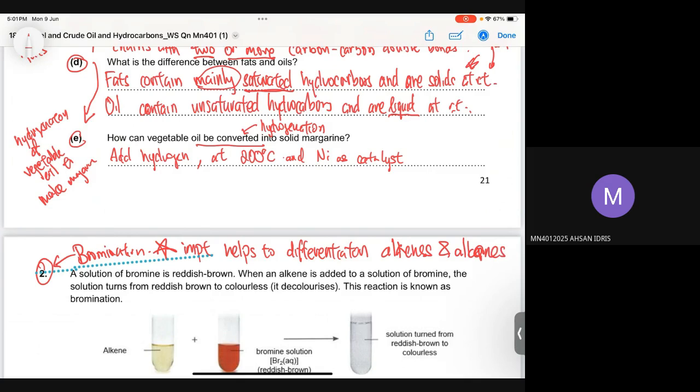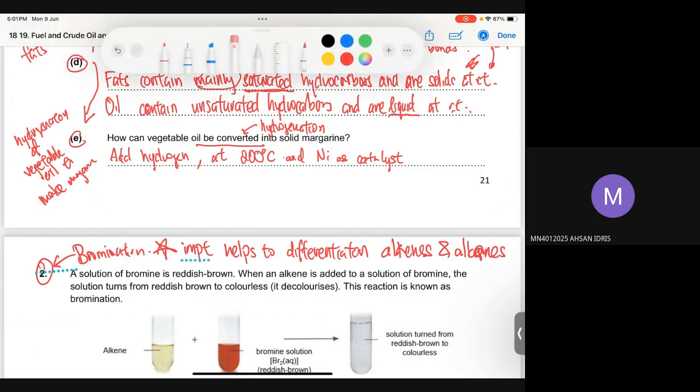Alkane looks so ugly. So that means in real life, you can differentiate between an alkene and an alkane by doing bromination.